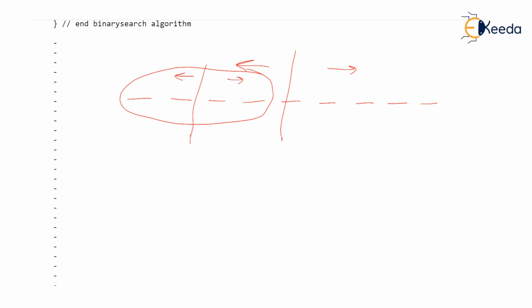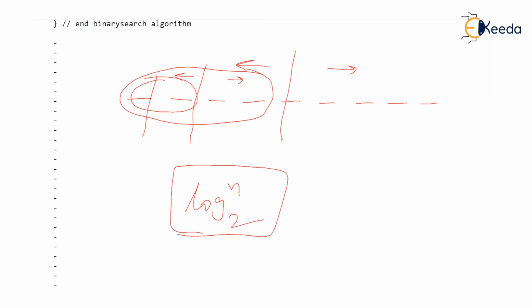Imagine you take the left half again, and imagine you divide it into two halves. Now, how many times can you keep dividing this partition into two halves till you are left with a partition of a single element, isn't it? When there is nothing more to search. Come on, that's going to be log of n to the base 2. These are the number of times that you can divide this array of n size into two equal halves. That is log of n to the base 2.